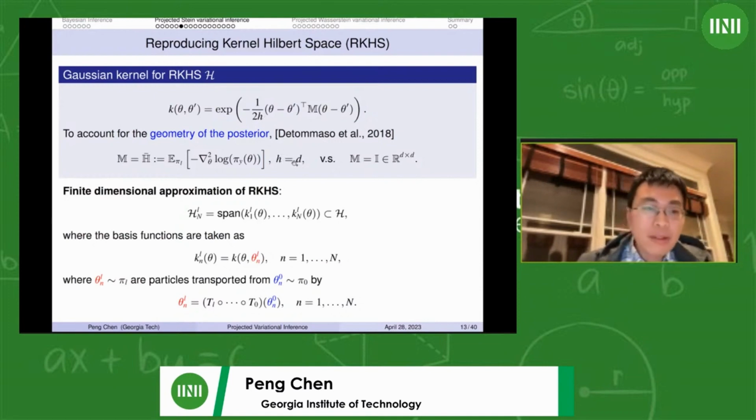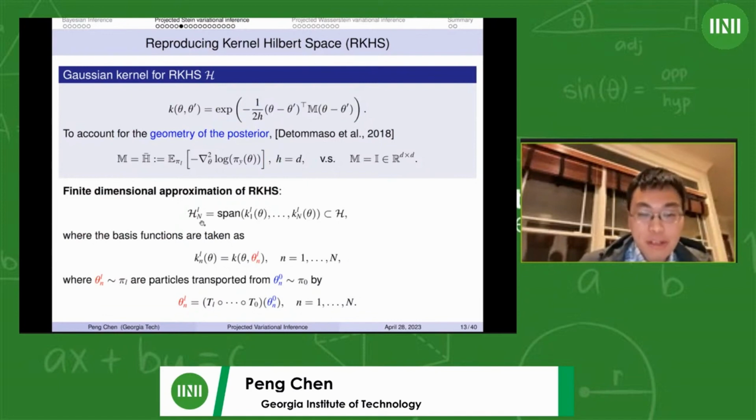Now for this reproducing kernel Hilbert space H, we have a finite dimensional approximation, which is given by the kernel evaluated at the given particles theta n of L, the current particles. We take the span of all these kernel functions.